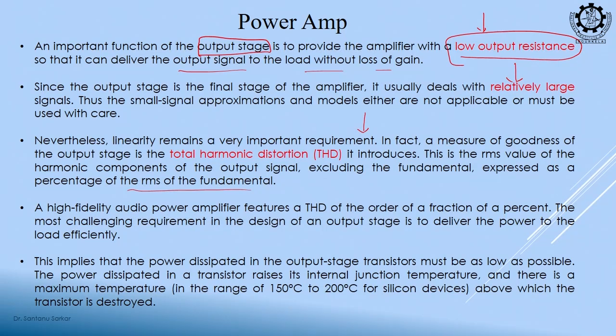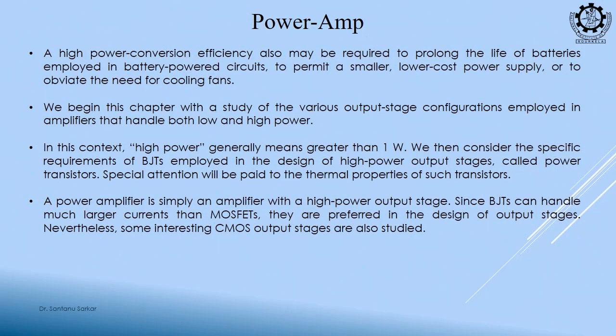Or in dB you can say summation of all the harmonics minus the signal, signal means fundamental frequency. If you have very low THD, that means your distortion will be less, your quality of signal will be better. And by high power, we want to say that it is greater than 1 watt or so. So, these are the points that we discussed last day.